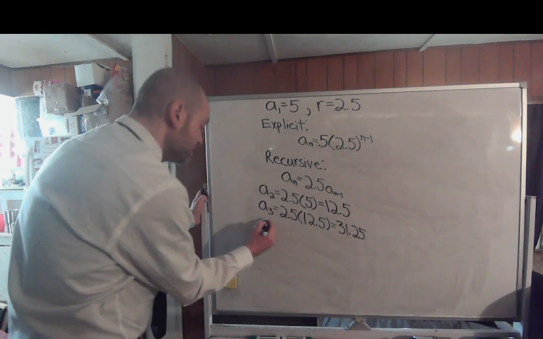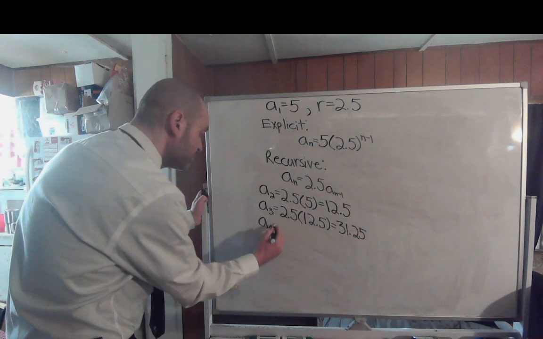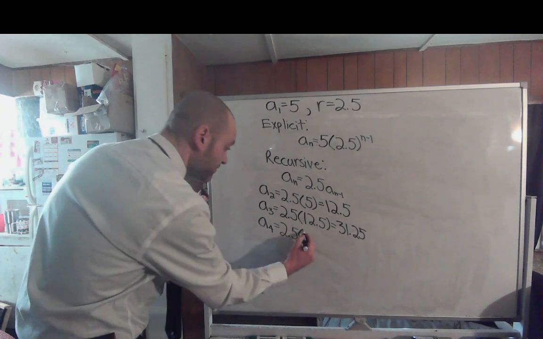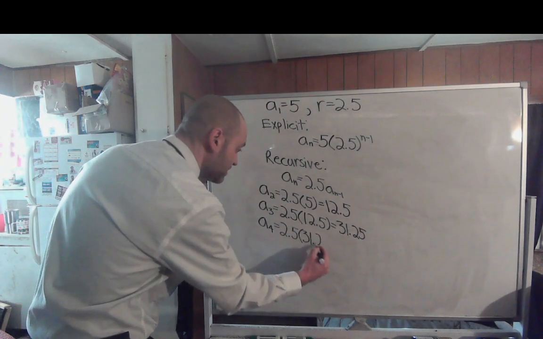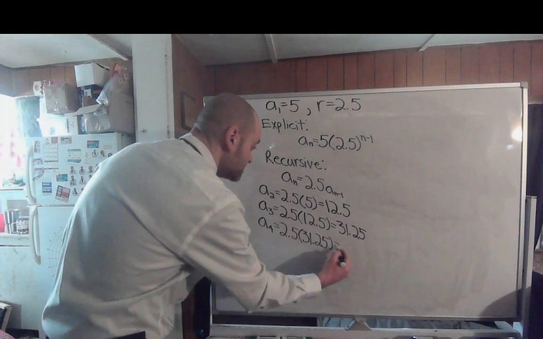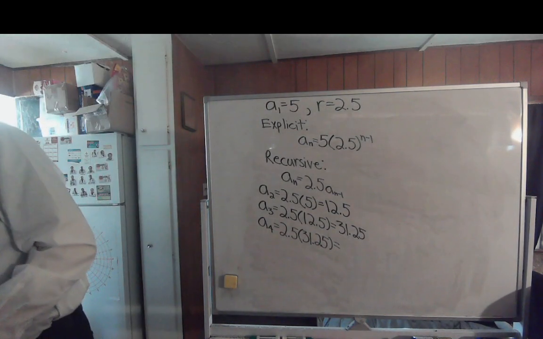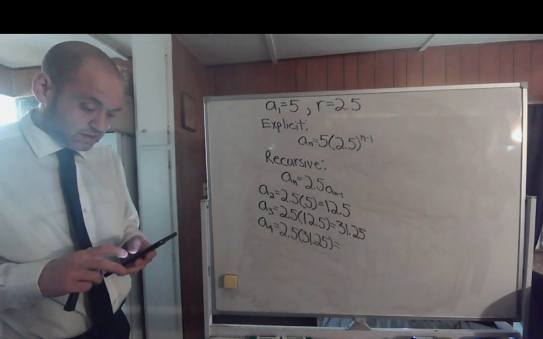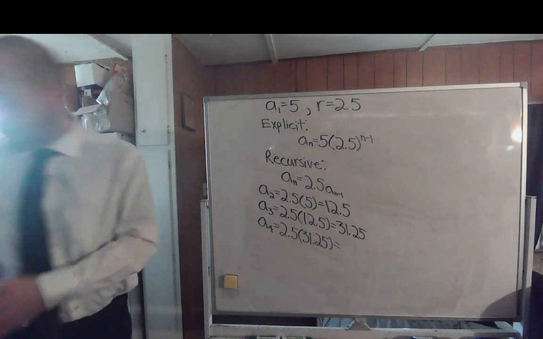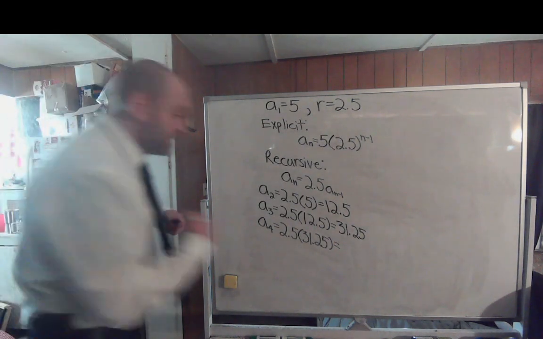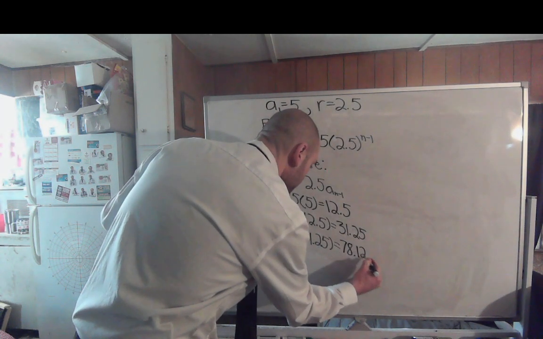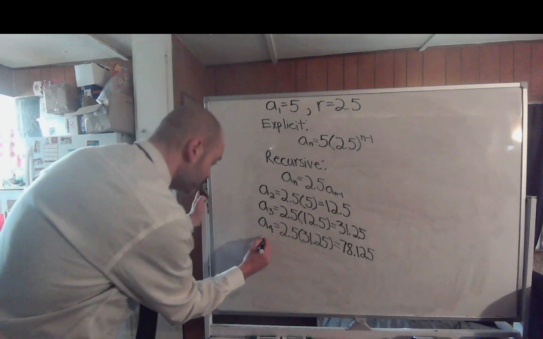All right, let's find the fourth term, which would equal that common ratio of 2.5 times your third term of 31.25. Let's see what we get for that. So we get 78.125, and let's find the fifth term.